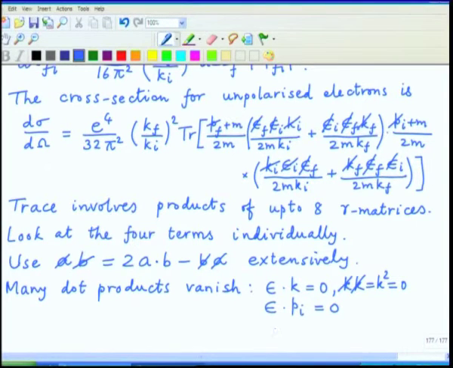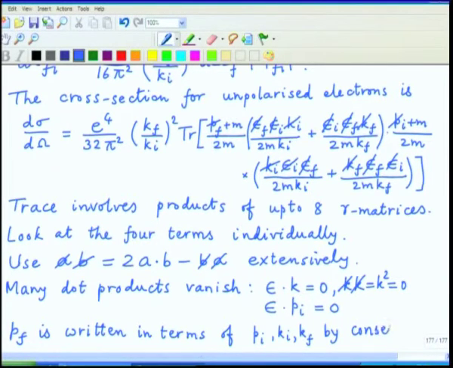There is no simple combination involving P f. So, P f is written at some stage or the other in terms of P I, K I and K f, and that is true by conservation law of the 4 momentum.